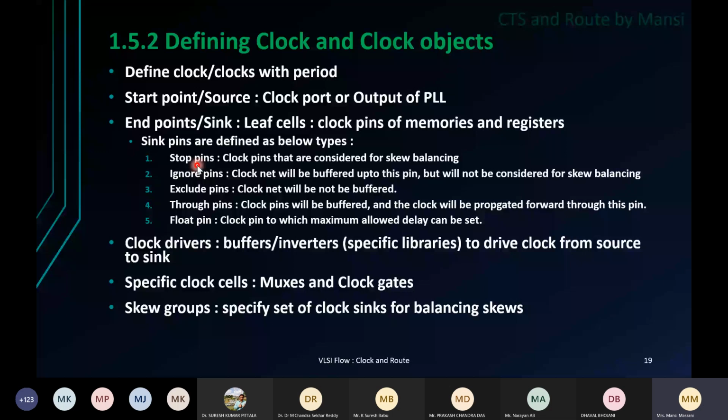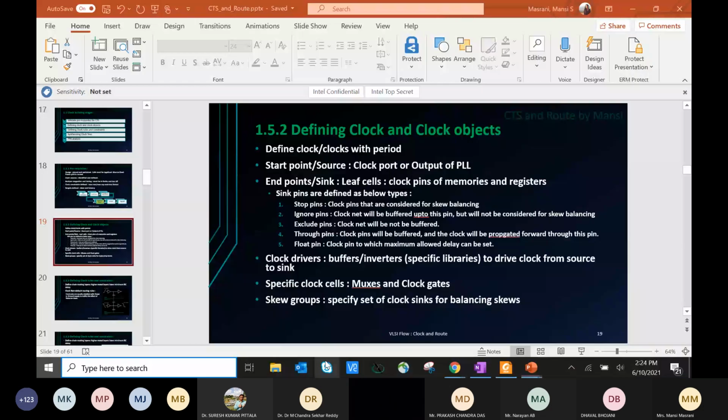Can anybody tell me what kind of clock pins these will be? Can a flop clock pin be a through pin? Does the clock propagate forward through the Q pin of the flop? Let's open my paint and draw something.